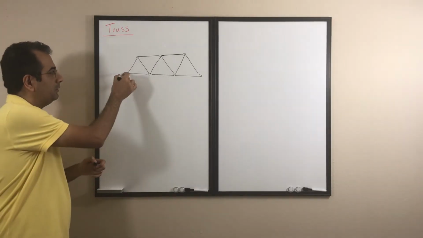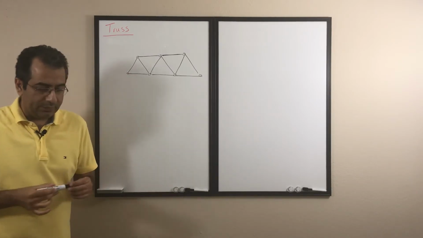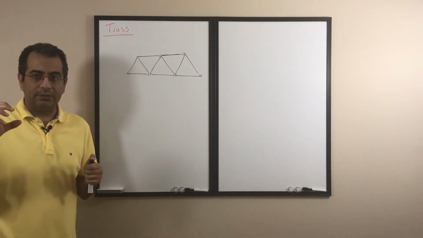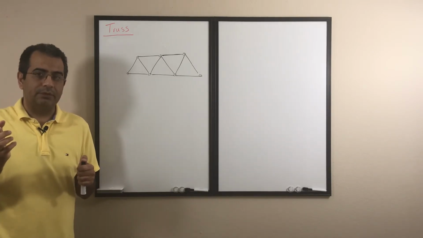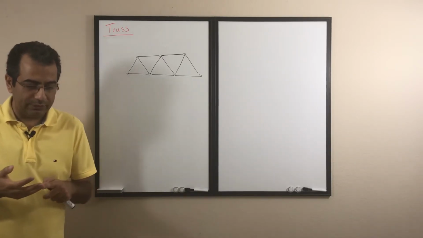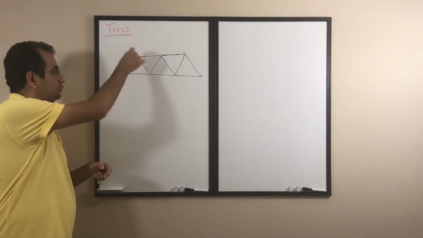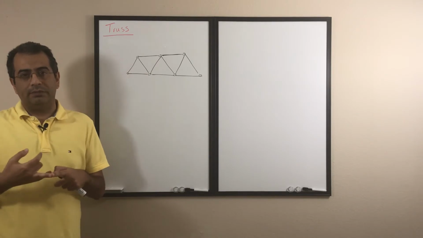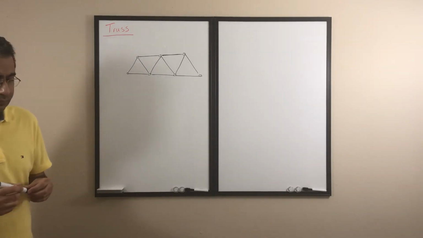But the pin doesn't let it go left or right, up or down. The pin holds it in place, it doesn't let it move, but it lets the members rotate. So first, all the loads are applied on the joints, and second, all the joints are pins. These are the two main assumptions.